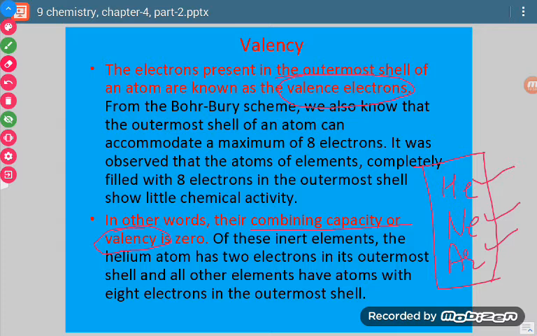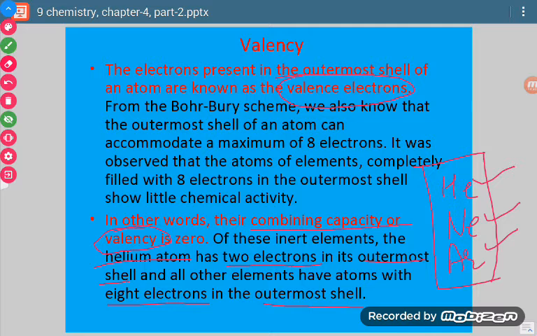So what is the exception over here? Helium atom has 2 electrons in its outermost shell, and all other elements have atoms with 8 electrons in the outermost shell. So if we talk about noble gases or inert gases, there is presence of a fully filled shell, and because of this fully filled shell it will not react.